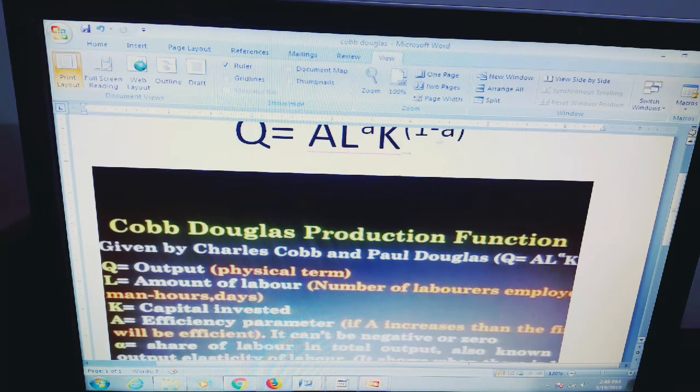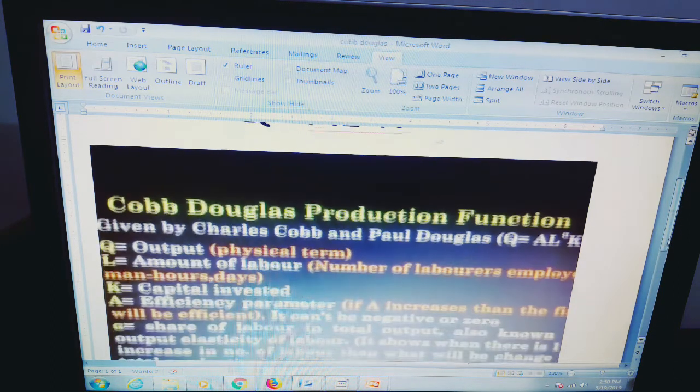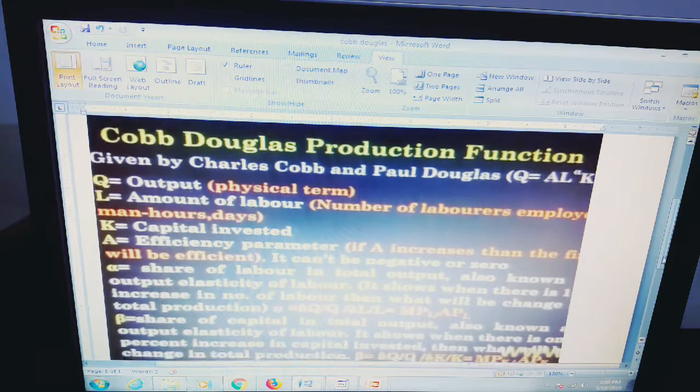So the share of labor, the small a, is always more than the share of capital in the production. That is why we always show the power of K as 1 minus a. It's always less than a. That's all you have to know in this particular thing. This shows the significance of labor.